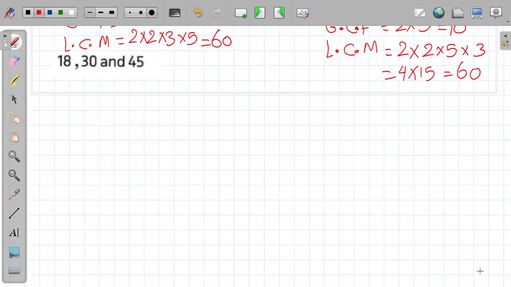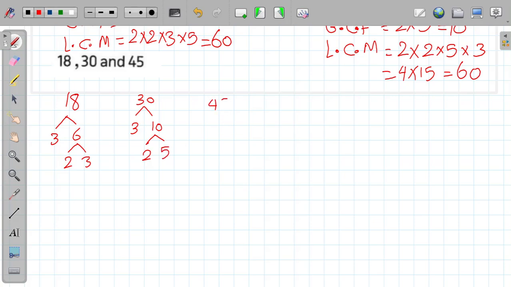Next I have three numbers: 18, 30, and 45. 18 equals 3 by 6, and 6 equals 2 by 3. 30 equals 3 by 10. 10 equals 2 by 5. 45 equals 5 by 9, and 9 equals 3 by 3.